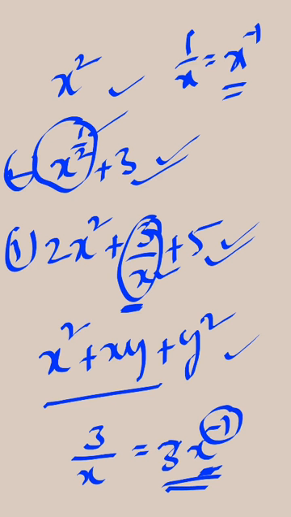Now we can give a definition of polynomial. A polynomial is an algebraic expression in which the variables involved have only non-negative integral powers. Non-negative integral powers means simply you have to remember the variables do not have a fraction as a power or a negative number as a power.